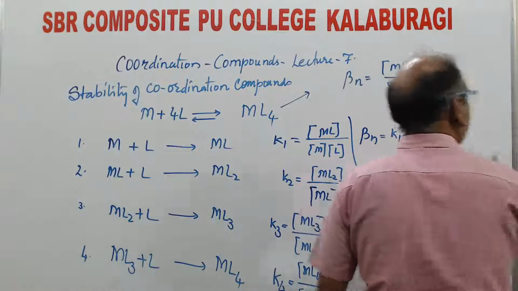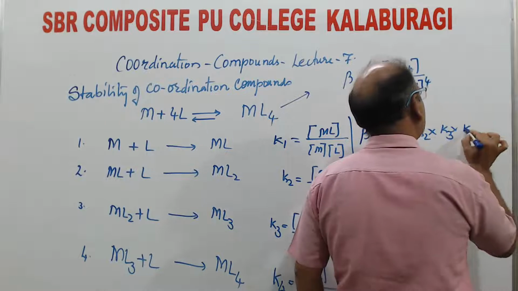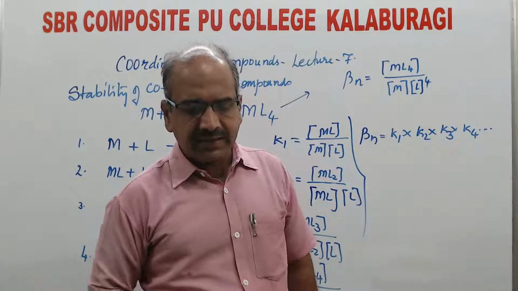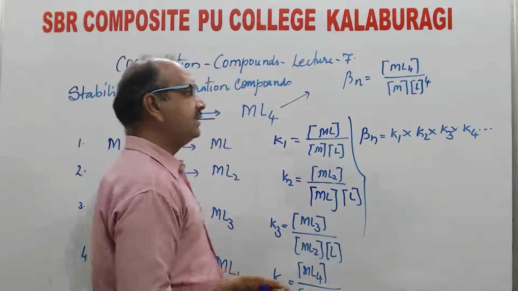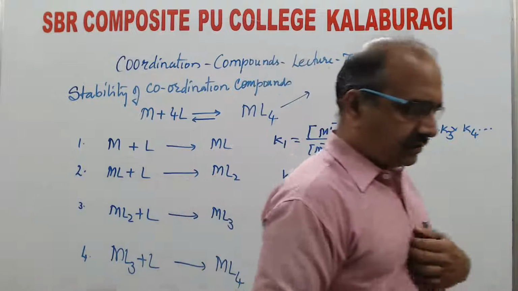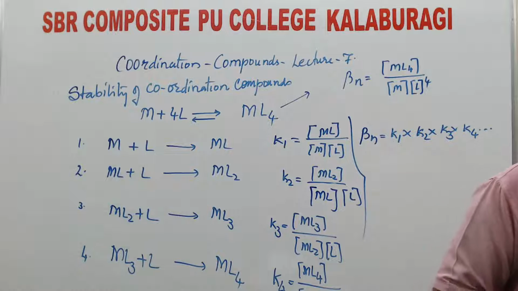If there are n steps involved, it may go up to the nth step: K1, K2, K3 up to Kn. So this is what the stability constant is.